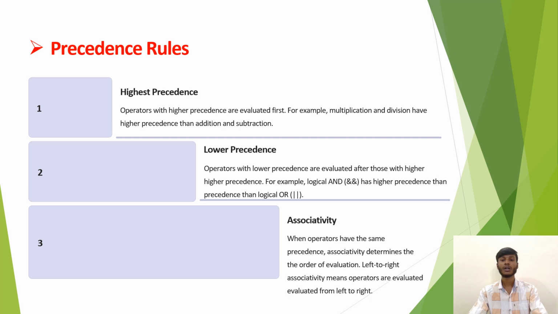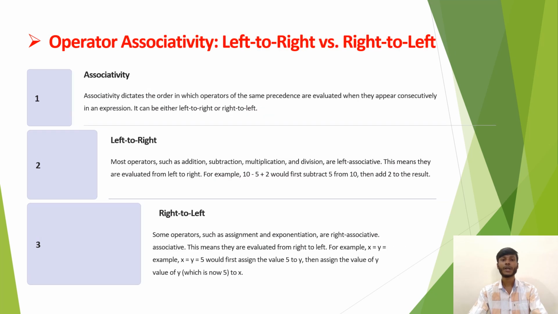Left to right associativity means operators are evaluated from left to right. Operator associativity: left to right versus right to left. Associativity dictates the order in which operators of the same precedence are evaluated when they appear consecutively in the expression. It can be either left to right or right to left.